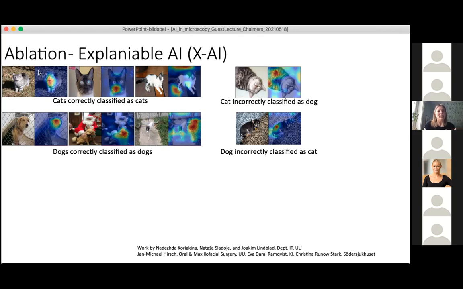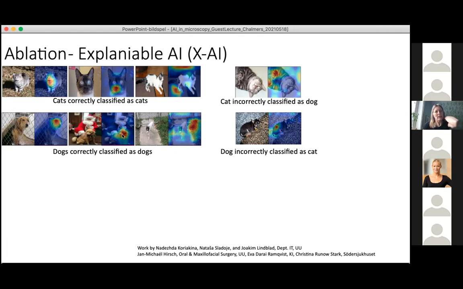Here the color coding shows which pixels are most relevant for decision making. For these cats and dogs, it's obvious that it's the face and the nose that's relevant for classifying these animals as cats. But in some cases, it's really a bit odd what parts of the image are most relevant for the decision making.